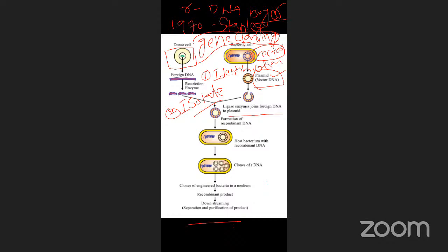But here remember, the isolation of desired gene is done by four different methods. These four methods are employed for isolation of DNA: mechanical shearing, cleavage by restriction enzymes, RNA directed synthesis, and chemical synthesis.